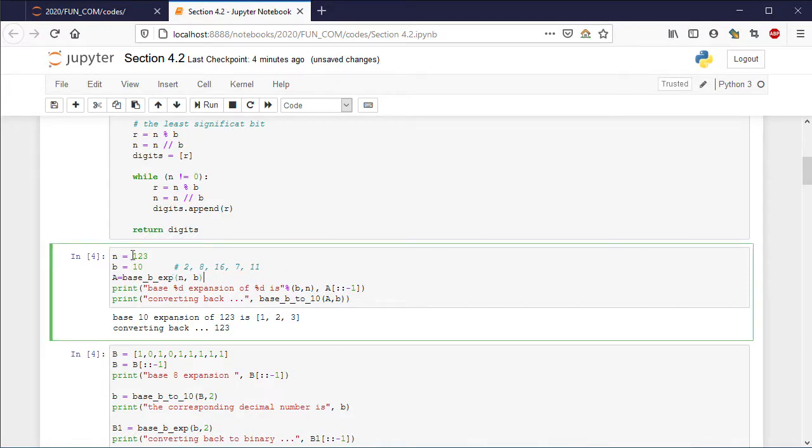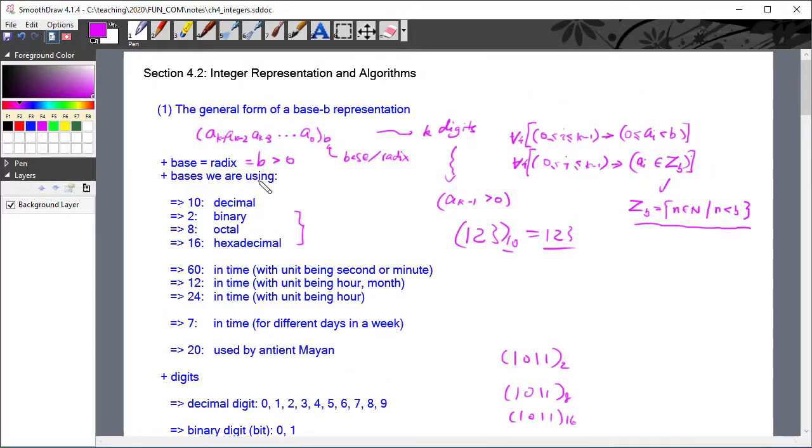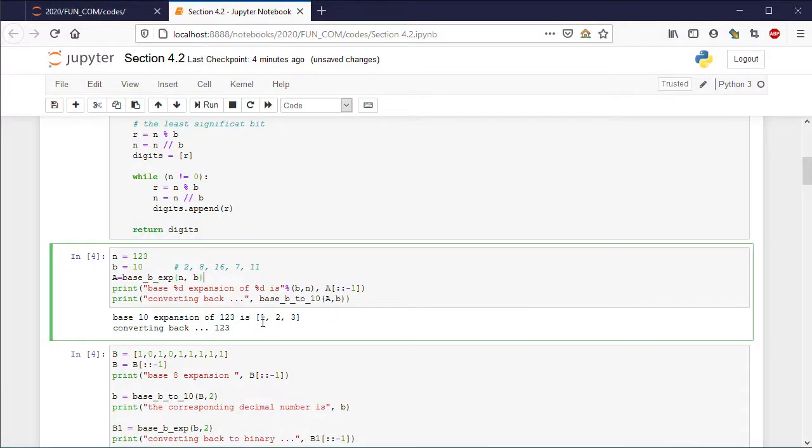So 123 in base b system, the list of digits, if you write this from the most significant digit to the least significant digit, we have 1, 2, 3, these 3 digits in the list. And when we convert that back, we get exactly the same number.